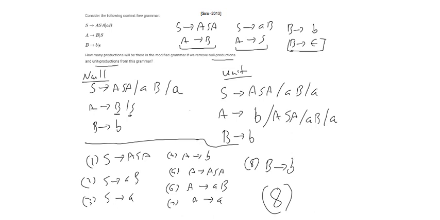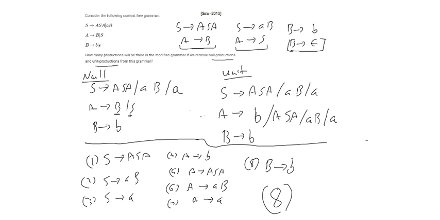So they are asking us to remove null production as well as unit production. No need to do other things like useless symbols, because they are not asking. In the GATE exam especially, we should answer the question. We should understand what the question means, then answer it by applying the actual theory behind it.